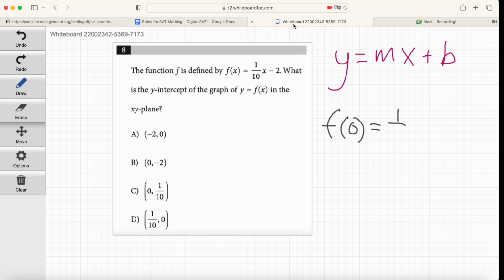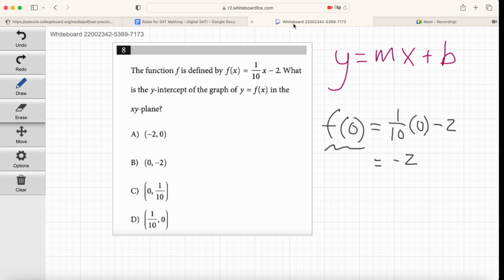We get 1/10 times 0 minus 2. And what's that going to equal? It's going to equal negative 2. So the y value, remember, f of x is just fancy y. The y value is negative 2. So we just got to pick the answer that gives us a negative 2 for y in the answer choices.